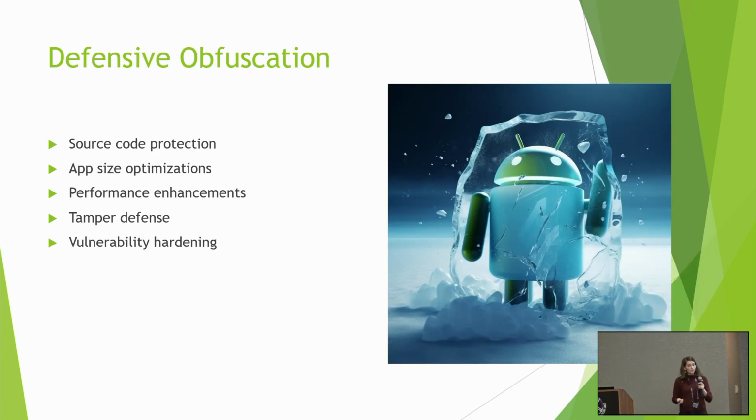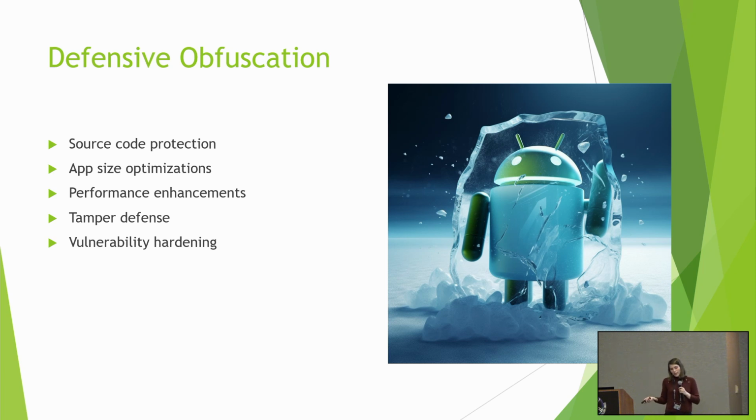So talking about the different kinds and motivations for obfuscation, first would be defensive obfuscation. This is the type of obfuscation that legitimate application developers will use to try and protect their source code. They do this for a few different reasons. First is to try and prevent reverse engineers like myself from taking a look at their application code and actually stealing some of the source code.